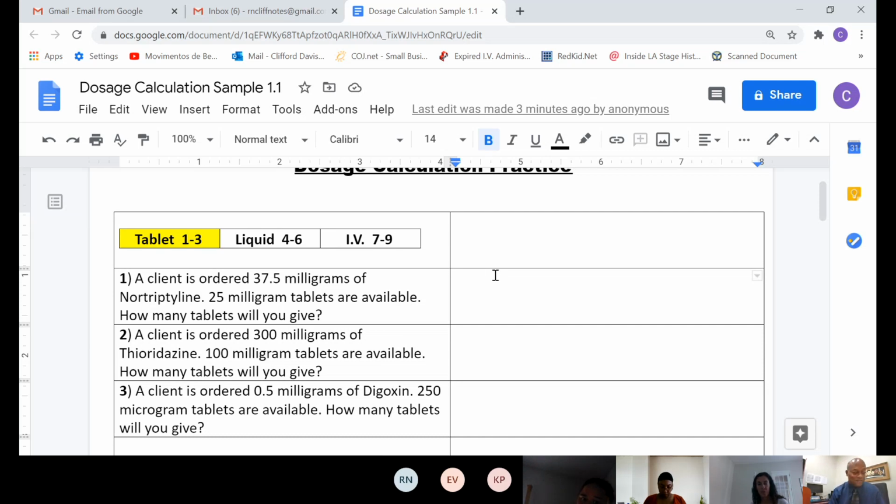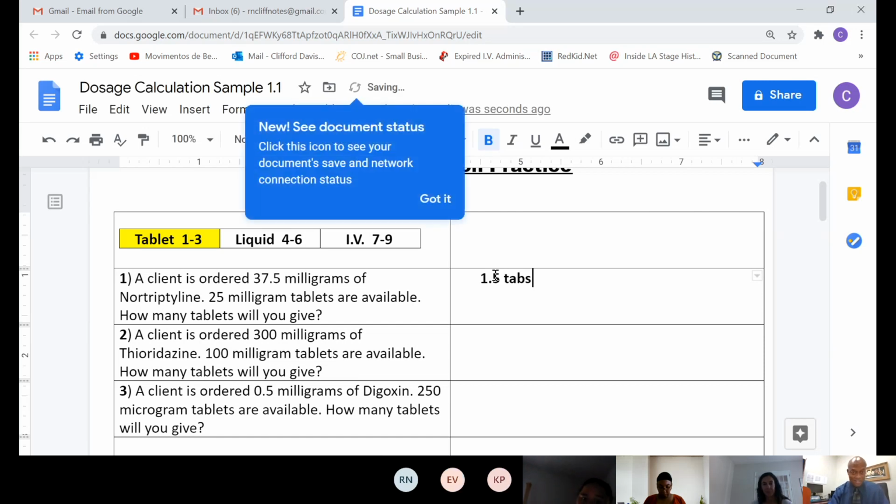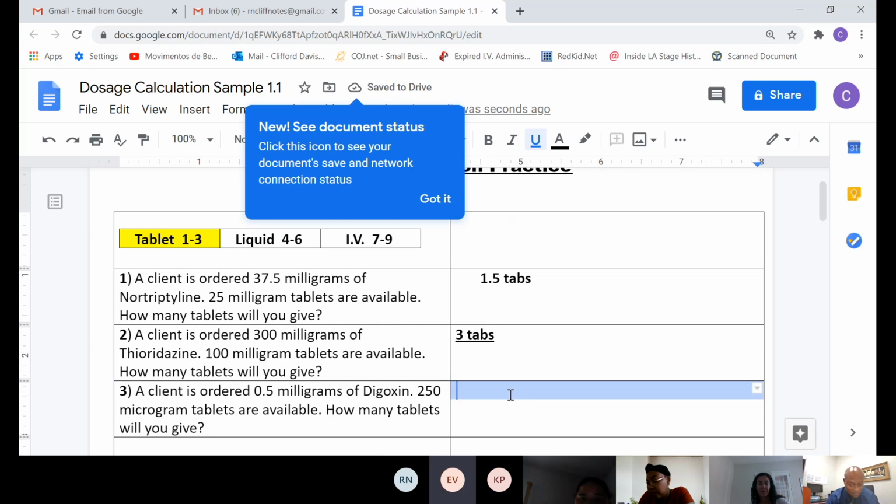Let's say the units after. 1.5 tabs. Great. Okay. How about this second one? I got 3 tabs. Ah, there we go. Great. 3 tabs. Excellent. Okay. And the third one? 2 tablets.